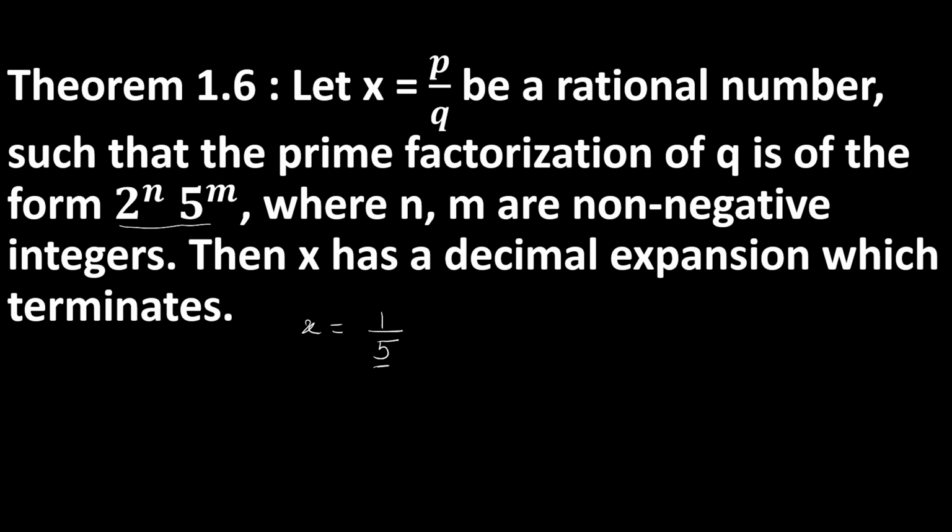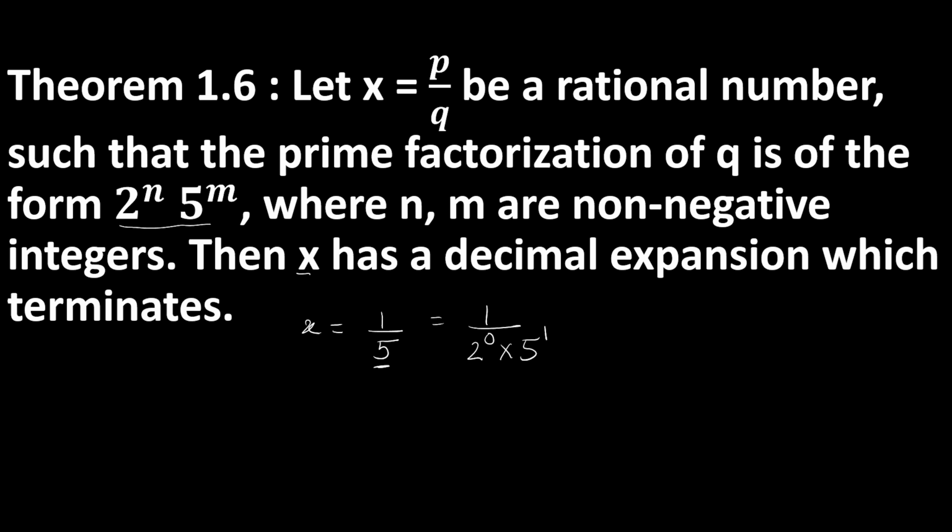Now, the prime factorization of q is what? 5, right? We can write 5 in the form of 2 raised to 0 into 5 raised to 1, right? Now, if this happens, then this theorem conveys that x has a decimal expansion which will terminate.